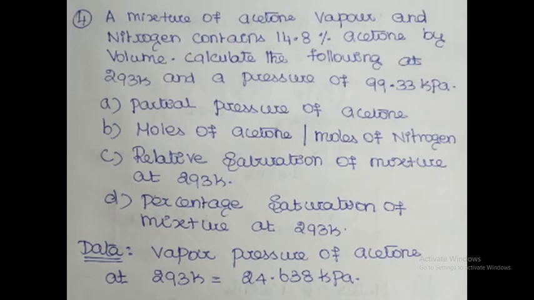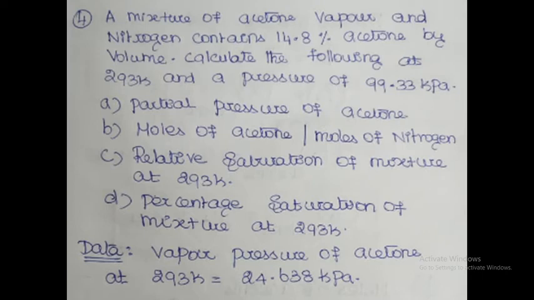Okay, so the objectives of this problem: the first question is capital Pa, second is HM, third is percentage RH, fourth is percentage saturation. So what is this data at DBT? These values are capital PS. Capital PS is equal to vapor pressure.